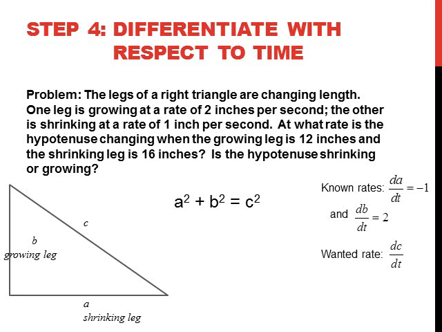So whereas the derivative of a squared with respect to a is 2a, we also need to multiply by the derivative of that inside function a with respect to time. Similarly, we'll have 2b times the derivative of b with respect to time, and likewise 2c times the derivative of c with respect to time.